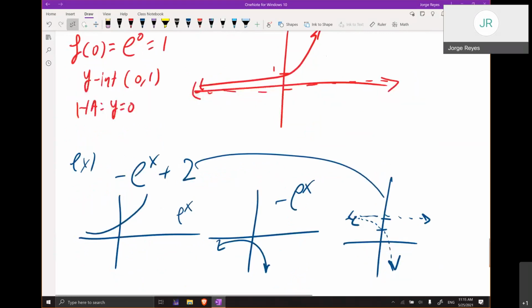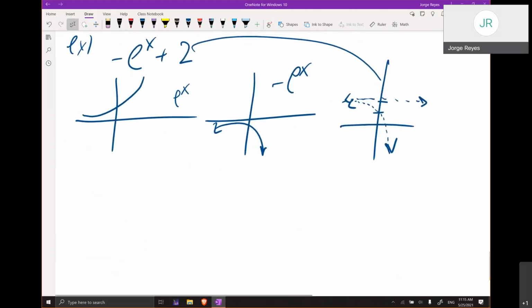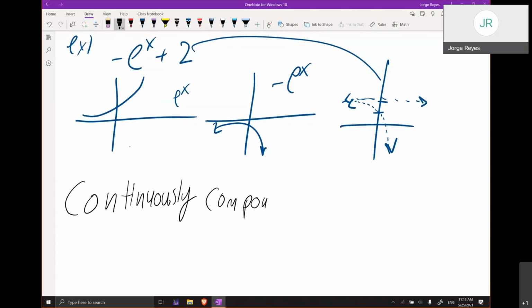Now, e to the x lets us do something special with the interest formula, okay? So now I can introduce the continuously compounding interest formula, okay? And if you are like, what is this?